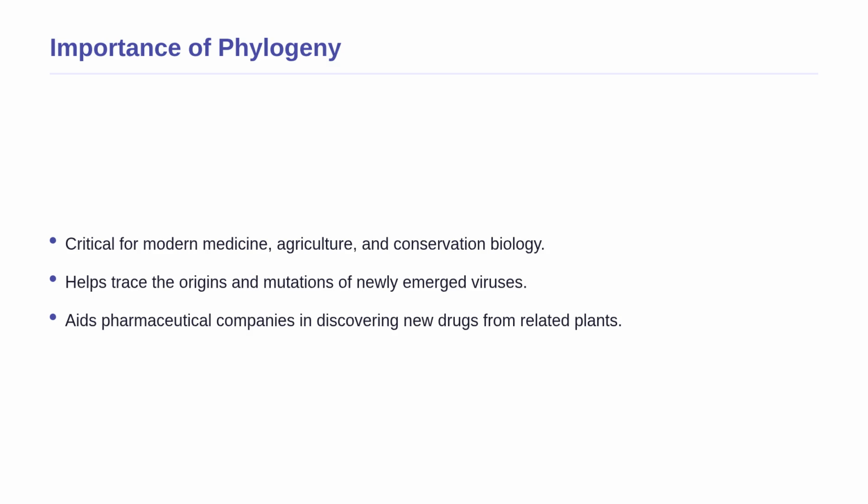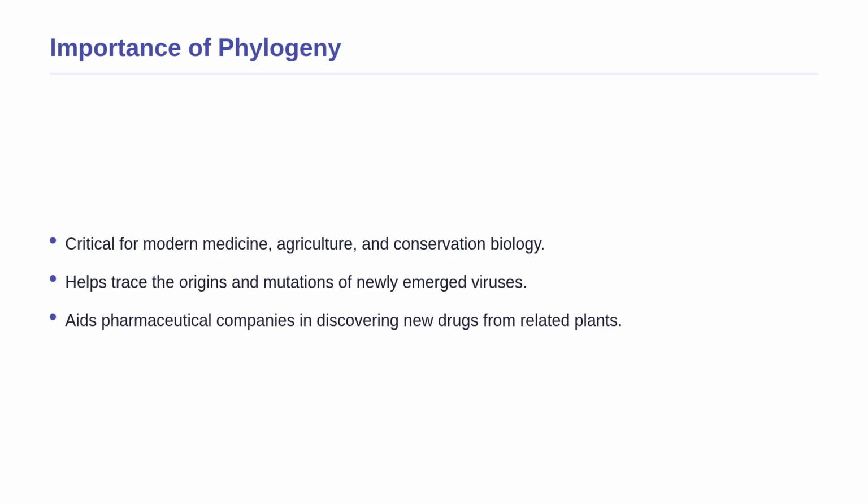Understanding what molecular phylogeny is naturally leads us to ask why it is so important. Building these evolutionary trees is absolutely critical in modern medicine, agriculture, and conservation biology. For example, when a new virus emerges, scientists immediately use molecular phylogeny to trace its origins, figure out which animal it came from, and track how it mutates over time.